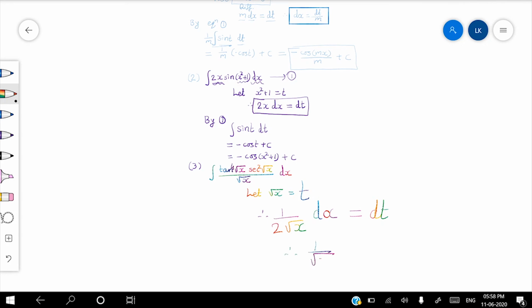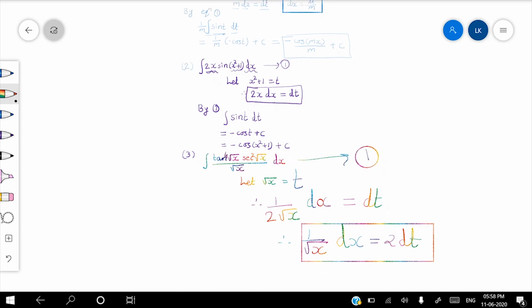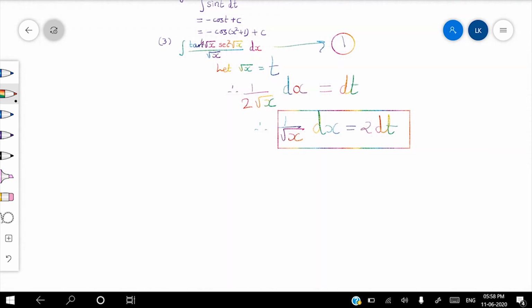Substitute the value. In our question there is 1 upon root x dx. To find its value, 1 upon root x dx is equal to 2 going on the opposite side, that means 2 dt. Okay. Given equation, suppose it is equation number 1.